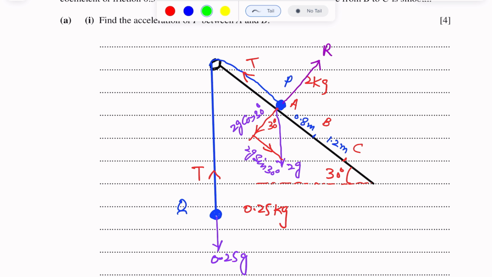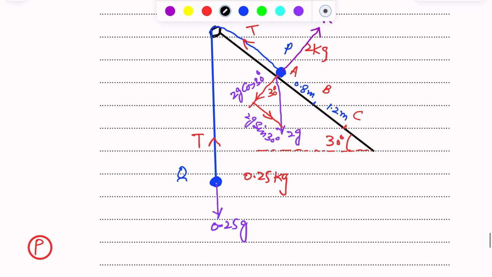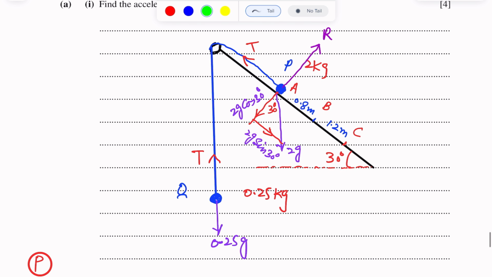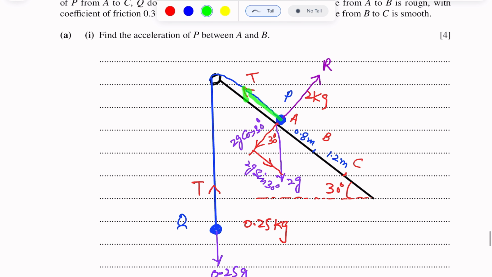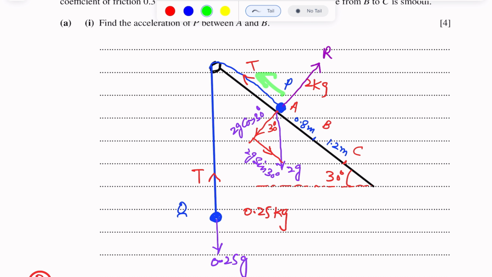Now we will use Newton's second law of motion for both particles P and Q to find the equations of motion. For particle P, the equation of motion will be, since the direction of the motion is along the plane downward, 2g sin 30 minus this force T minus mu R, because this part AB is rough.